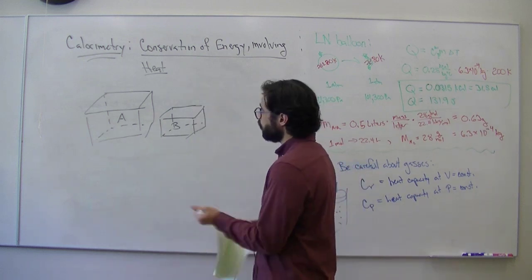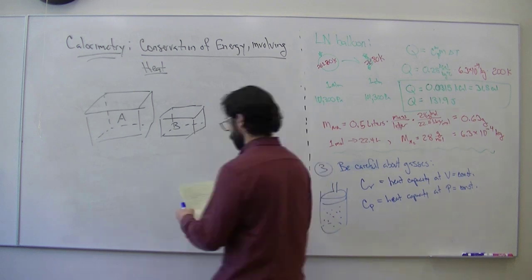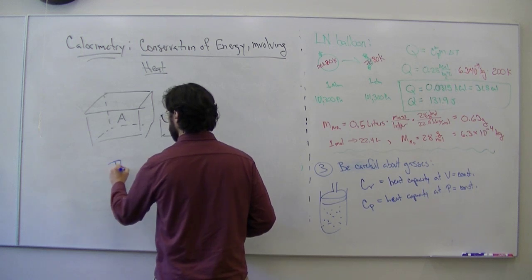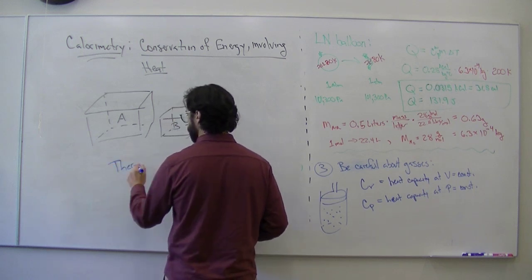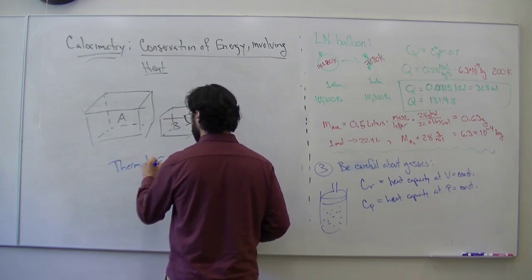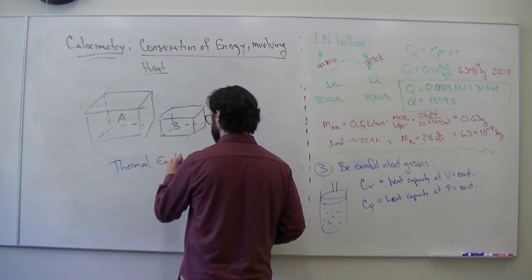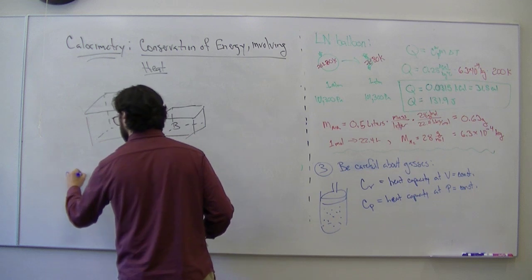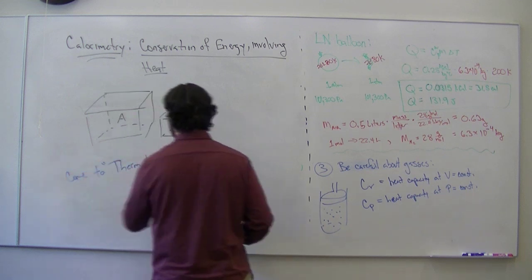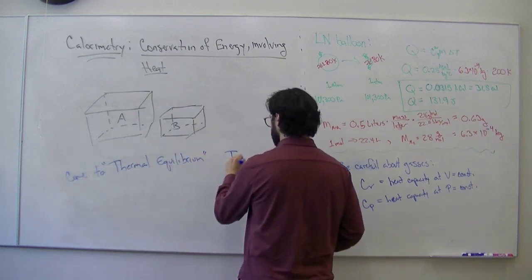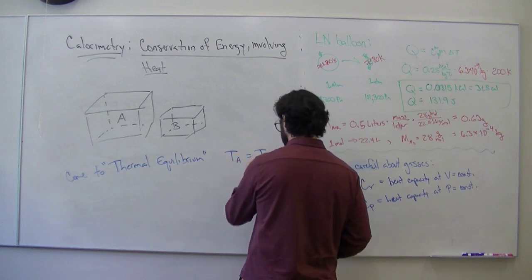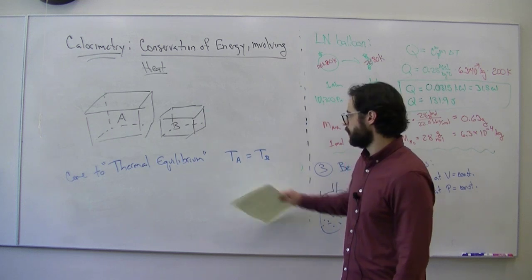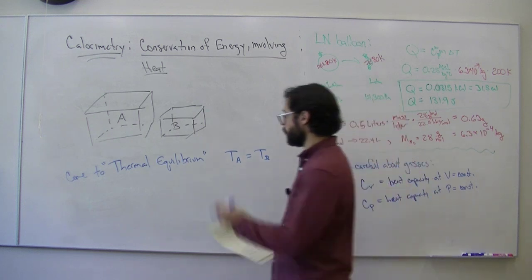They come to equilibrium. What I know equilibrium is, in this class at least, is thermal equilibrium. Which is to say some process occurs that allows TA to be equal to TB. So that's what it means for them to come to thermal equilibrium.